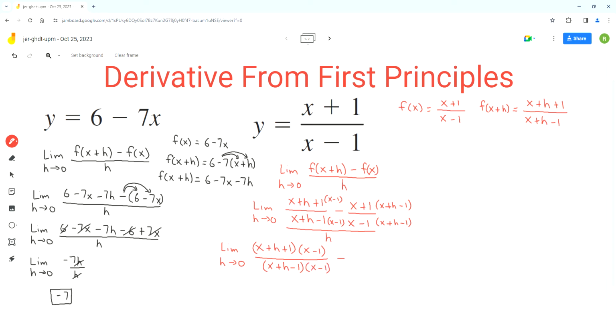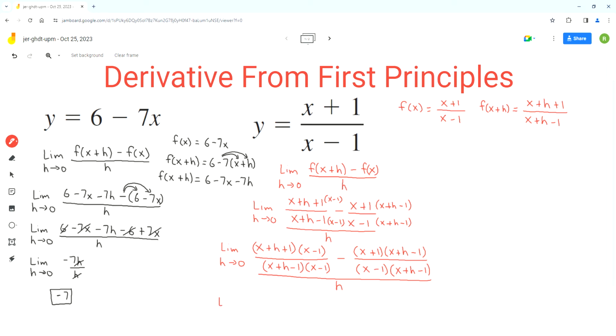Then minus, so in the second fraction we get x plus 1 times x plus h minus 1 over, and in the denominator we get x minus 1 times x plus h minus 1, over h. Now both fractions have the same denominator, it's just that the factors are in different orders, but in multiplication order doesn't matter. So we can combine the fractions and distribute the terms in the numerator.